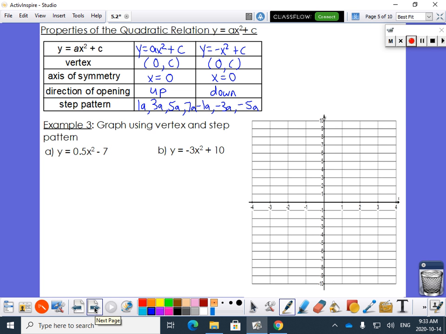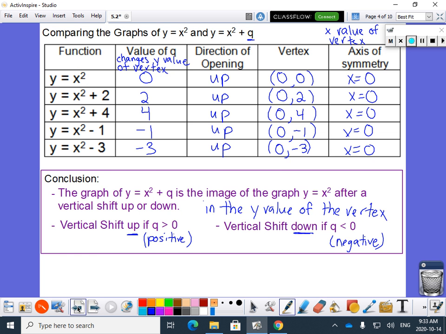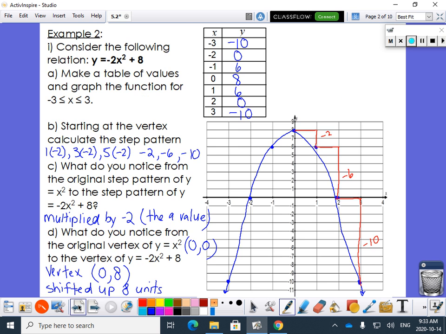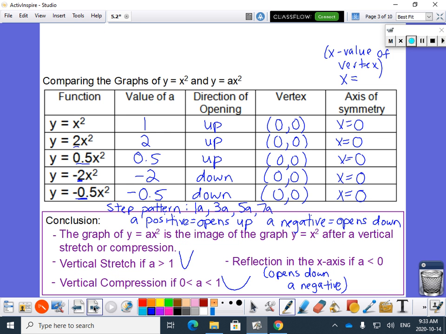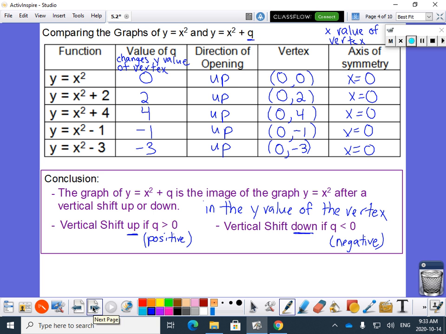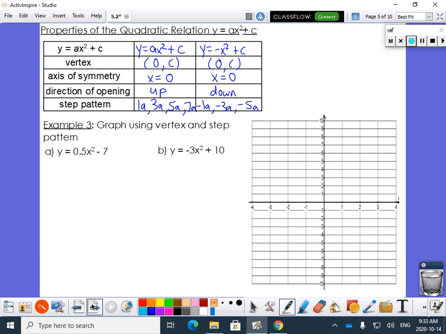Vertex. Well, we know now after doing the table that the x is still going to be 0, but the y becomes this guy here. Okay, so c, or sorry, q. Oh, sorry. I'm all over the place. Q. Okay, C and Q, it's the same thing right now. Please don't let that confuse you.